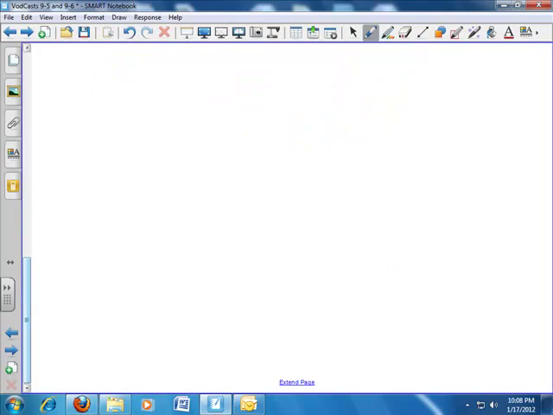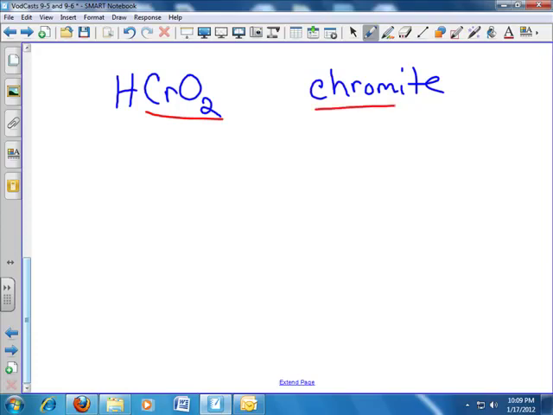Okay, I'm going to give you some various formulas here. So I have HCrO2. Go find that on your polyatomic ion chart and name it. What you should find is that CrO2 is called chromite. ITE becomes OUS, so this is chromous acid.